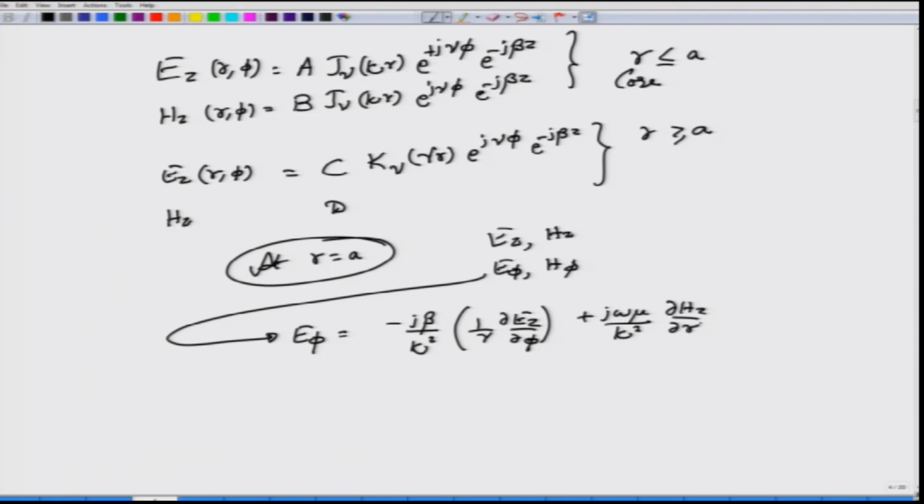Clearly, if you know both Ez and Hz, you can use the equation for E phi. Similarly, you can obtain an equation for H phi. These all come from step 2. I am hoping that you have done that exercise, so that you are not seeing these equations for the first time.